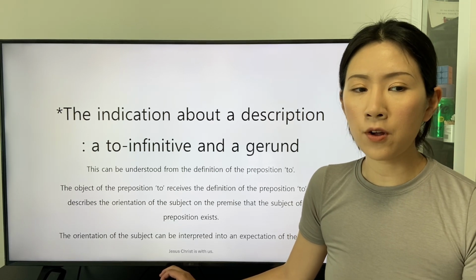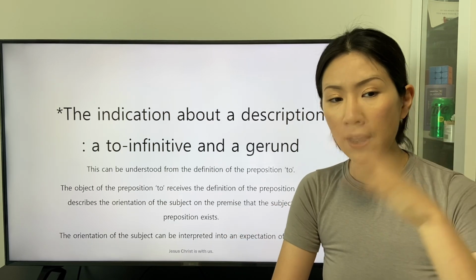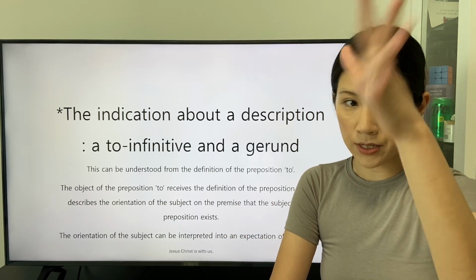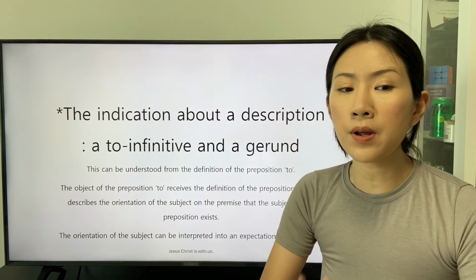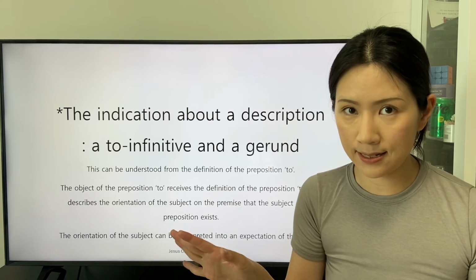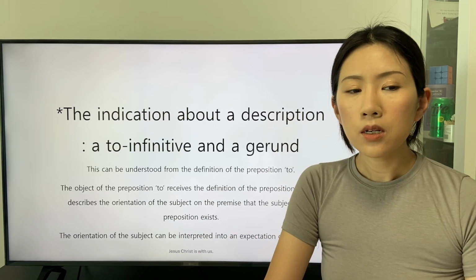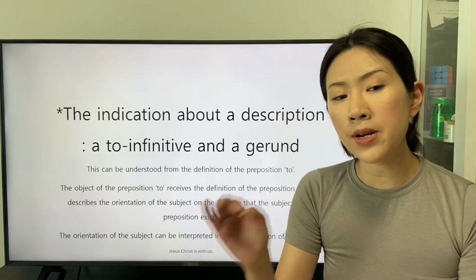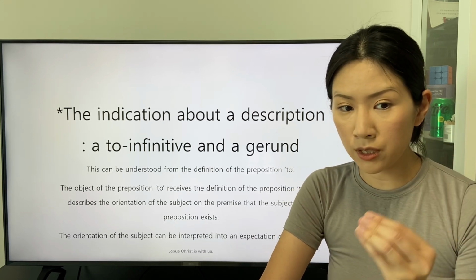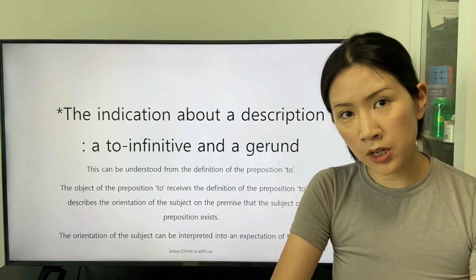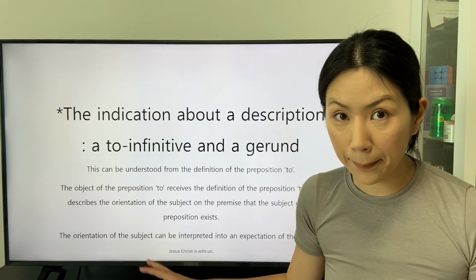The object of the preposition to receives the definition of the preposition to that describes the orientation of the subject on the premise that the subject of the preposition exists. The orientation of the subject can be interpreted into an expectation of the subject when it comes to the orientation based on time.